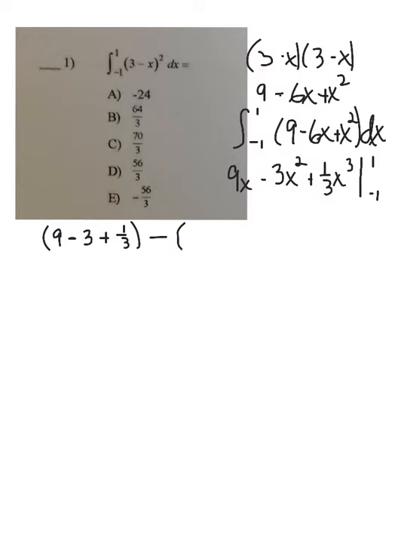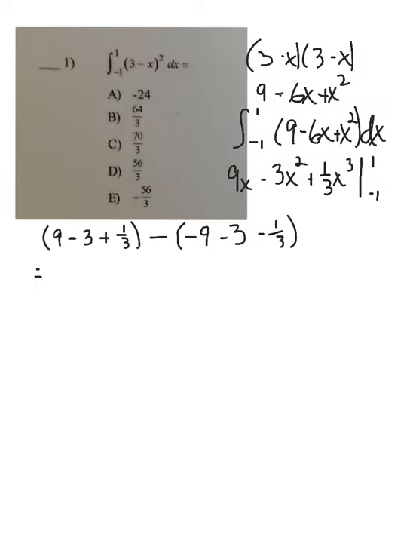So when I put -1 in here, do you see that changes that to a -9? Now when I put in -1 here, that doesn't change anything because when I square it, it still becomes positive, so that's still going to be -3. And then -1 when I cube it is going to be -1, times that 1/3 will be -1/3.